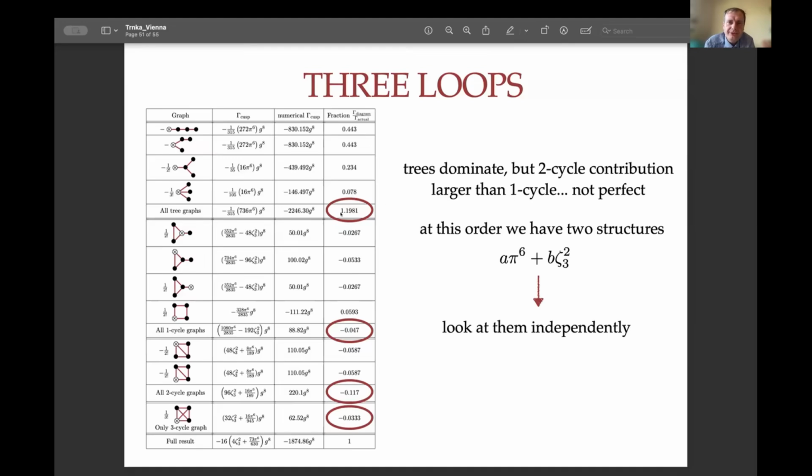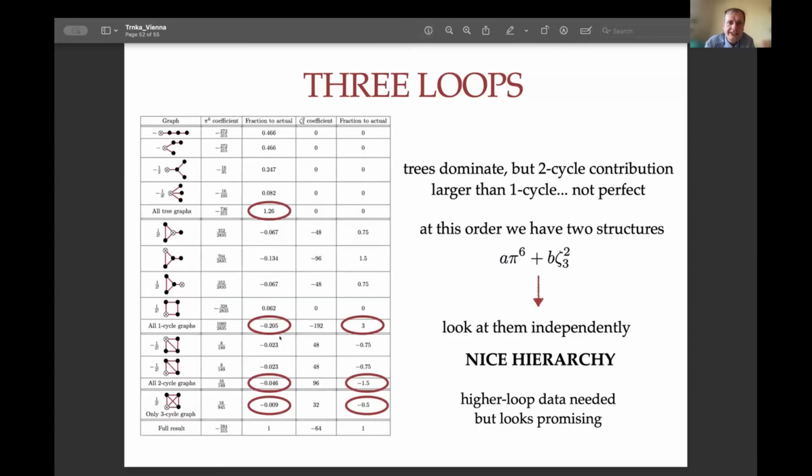So this is not perfect. There is still some dominance of trees, but this is more confusing. However, at 3 loops, we now have 2 different structures, the pi to the 6 and zeta 3 squared. So we can look at these coefficients A and B independently. And if we look at them, there is now a clear hierarchy. Looking at pi to the 6, more and more cycles, smaller and smaller contribution.